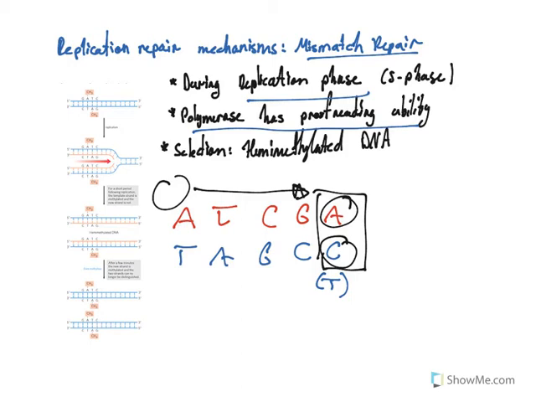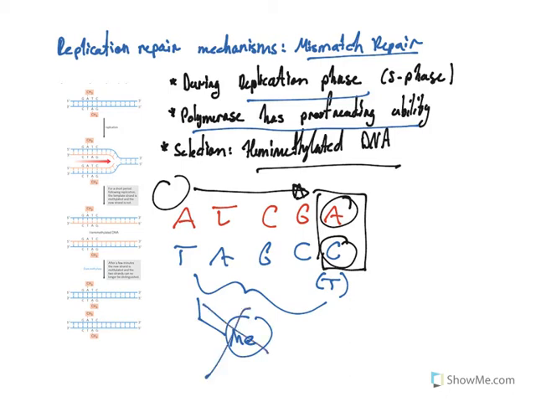And so the way it's able to distinguish between them is through this idea of the hemimethylated DNA. Hemimethylated DNA occurs because the newly synthesized strand has not had enough time within the body to have the modifications. And one of the modifications, among many, is called methylation. And so it has not had enough time to have methylation occur.